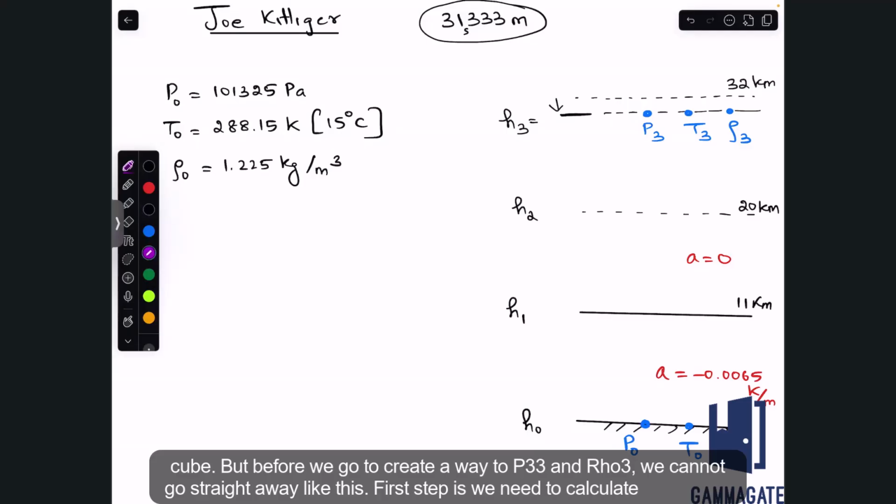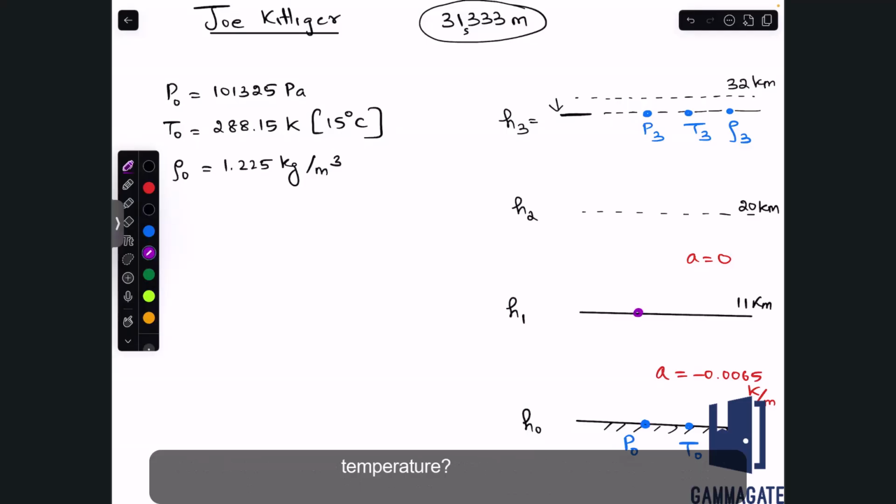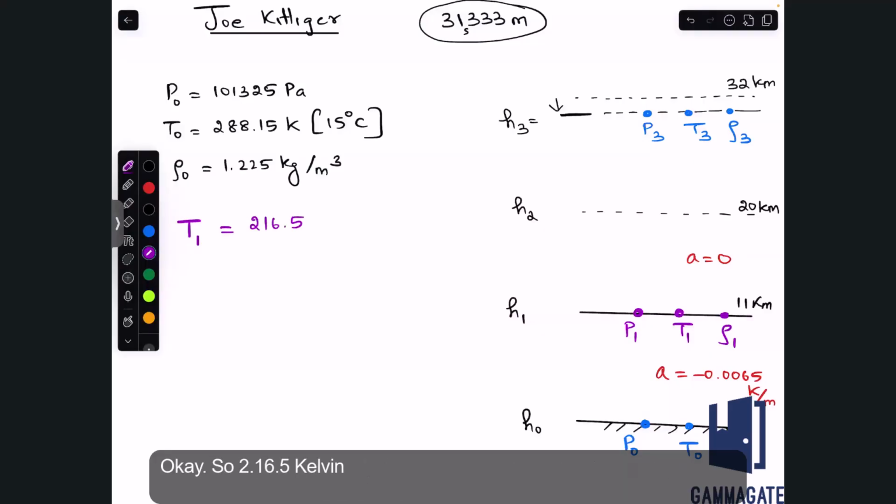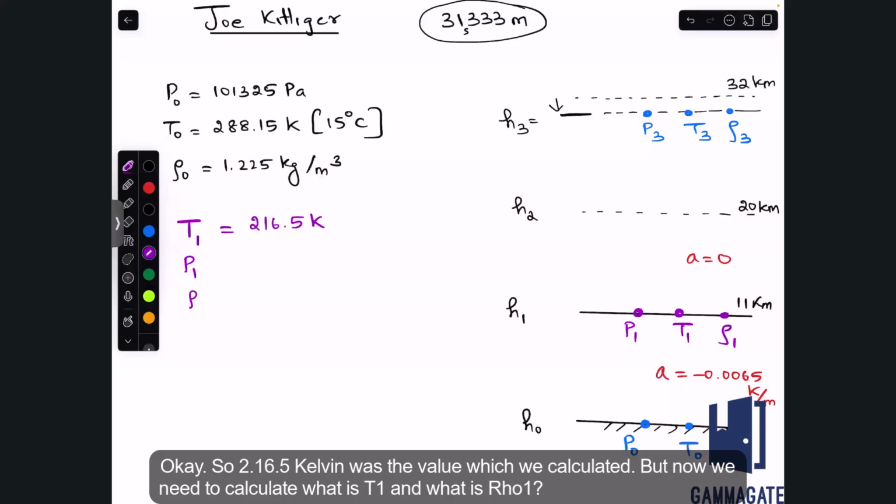First, we need to calculate P1, T1, and rho 1. We have already calculated the temperature T1 at 11 kilometers height at the start of this. So 216.5 Kelvin was the value which we calculated. But now we need to calculate P1 and rho 1.